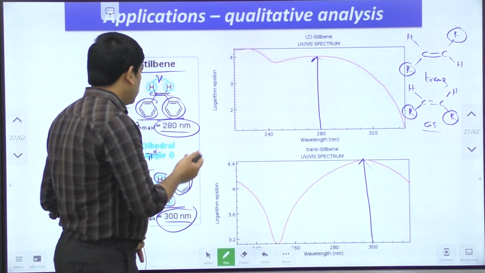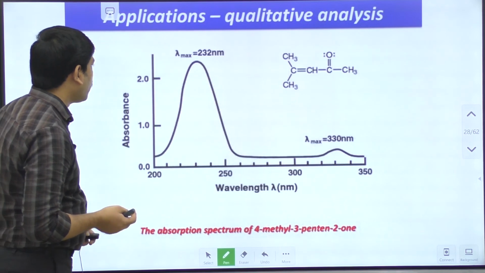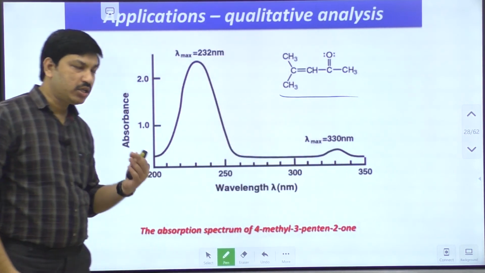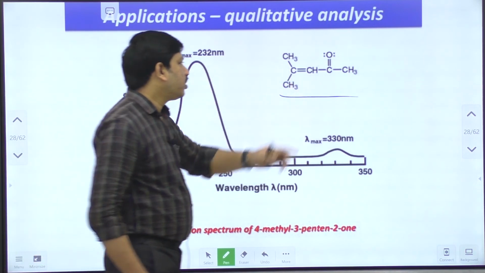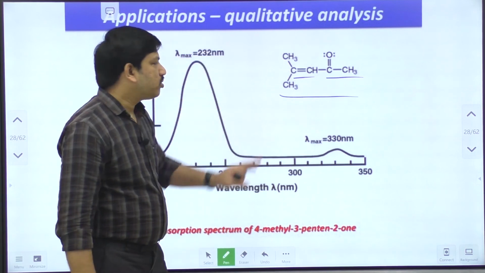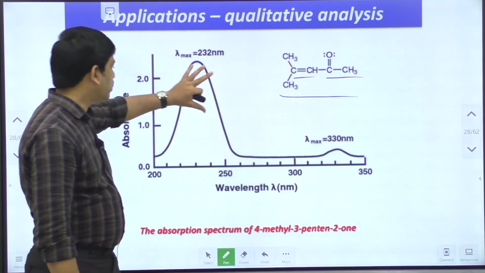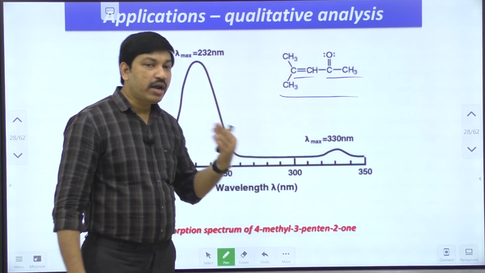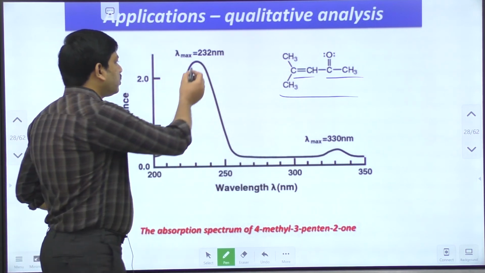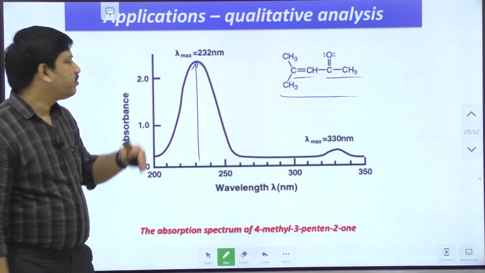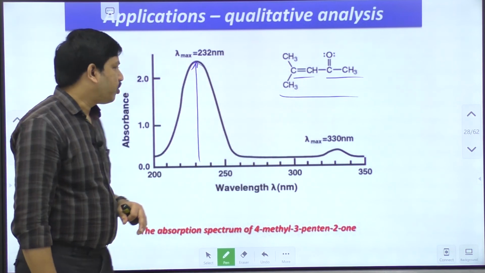Okay, so this is another example, and we have already seen this example 2 or 3 times in the last 2 sessions. This is one of the keto kind of compounds, and here we have a C double bond C group. If you see this absorption spectrum, we can see 2 different types of peaks. From this spectrum we can understand what type of transition causes each peak, whether it is pi to pi star or n to pi star.